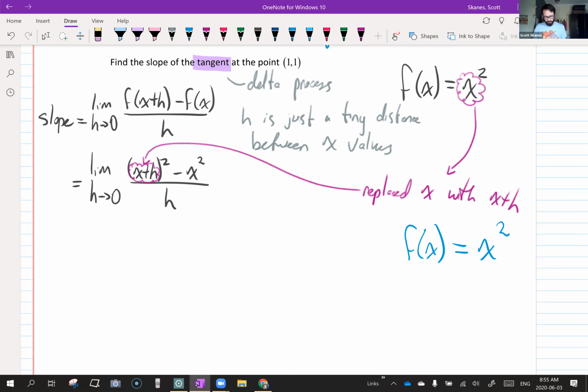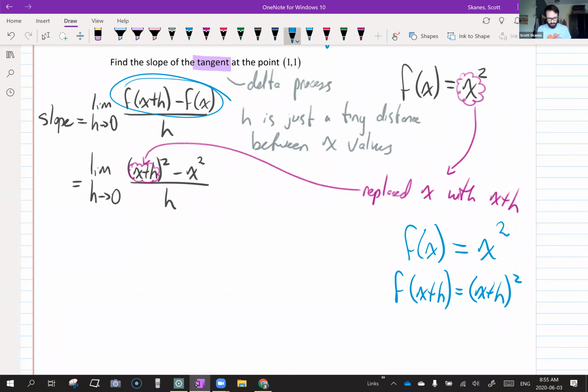We have our original function, f of x. f of x plus h is just the same function, but we've replaced x with x plus h. And then we can replace those up here. It's saying the function value at x and the function value at x a tiny bit over to the right.